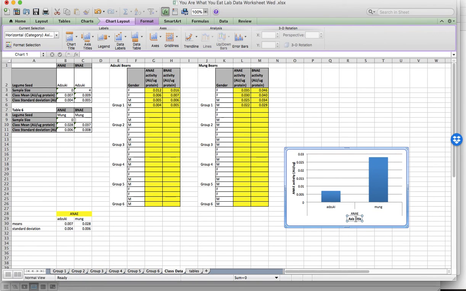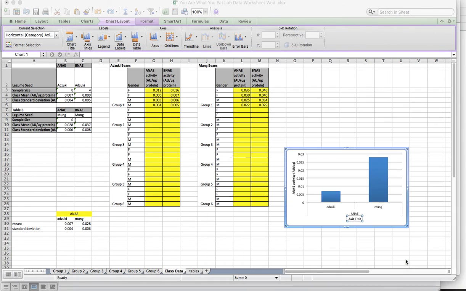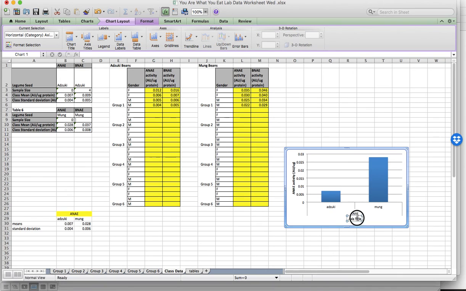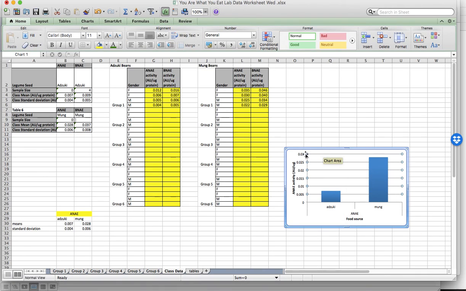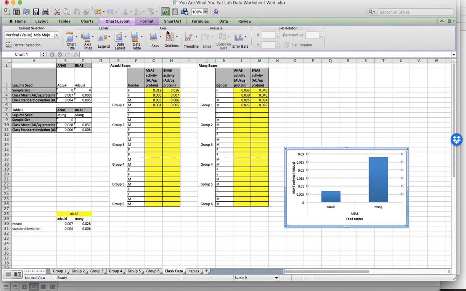Next, on the x-axis, we have the different treatments, either azuki or mung beans. So these are the food source.